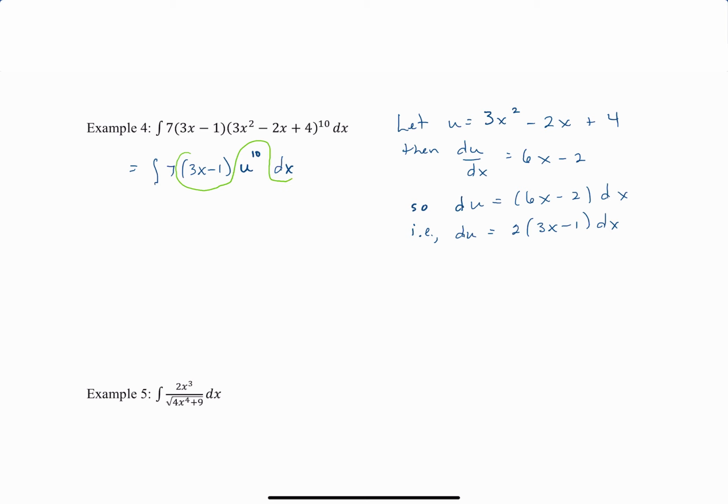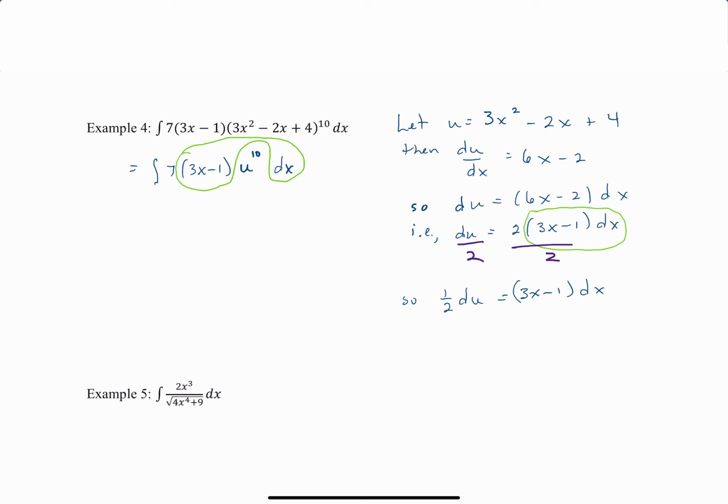So 3x minus 1 times dx, that's almost what our du is, but it's got this extra 2 in there. Well, just like we did in the last example, we can adjust for that by dividing both sides by 2, and then we get that 1/2 du is what we'll put in for 3x minus 1 dx.